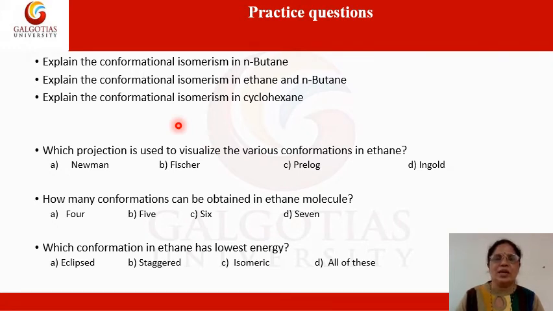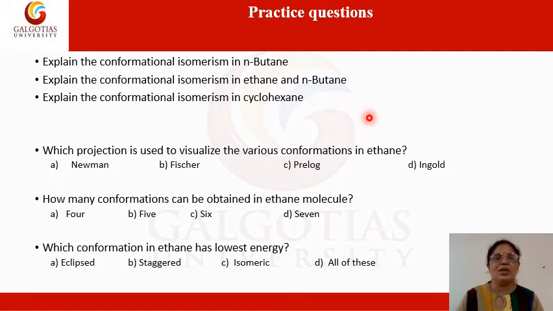We can also explain the names of the conformations, and finally compare the stability of these 6 different forms. We also understood that in both ethane and butane there are staggered and eclipsed conformations. The eclipsed conformation is the least stable and the staggered conformation is the most stable.